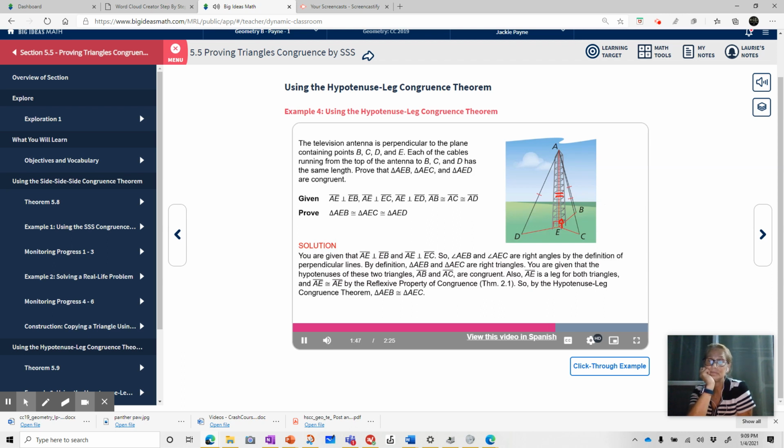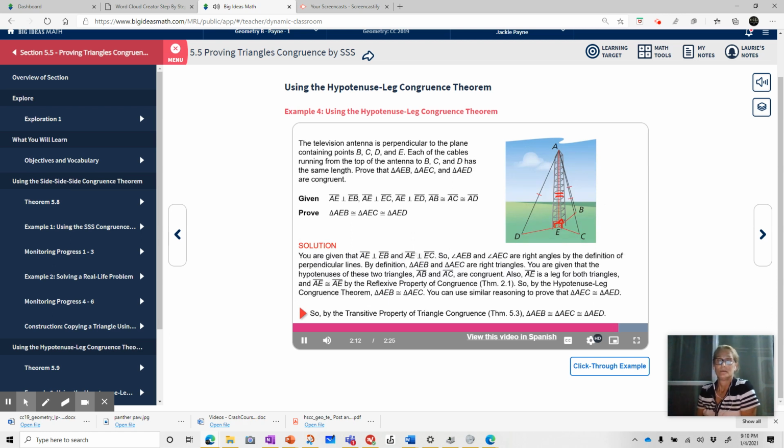Now, you are also given that segment AC is congruent to segment AD, and that segment AE is perpendicular to segment ED, which means that angle AED is a right angle and triangle AED is a right triangle. So, you can use similar reasoning to prove that triangle AEC is congruent to triangle AED.